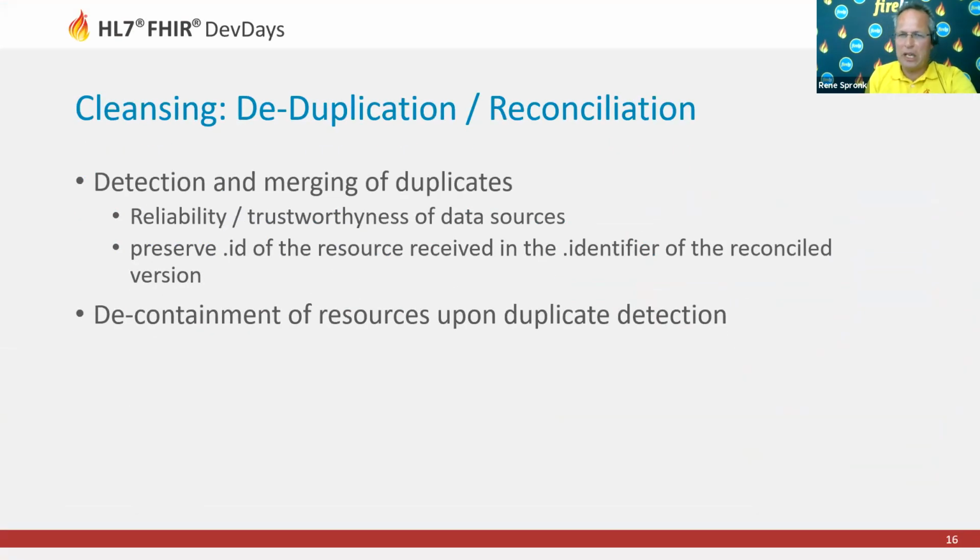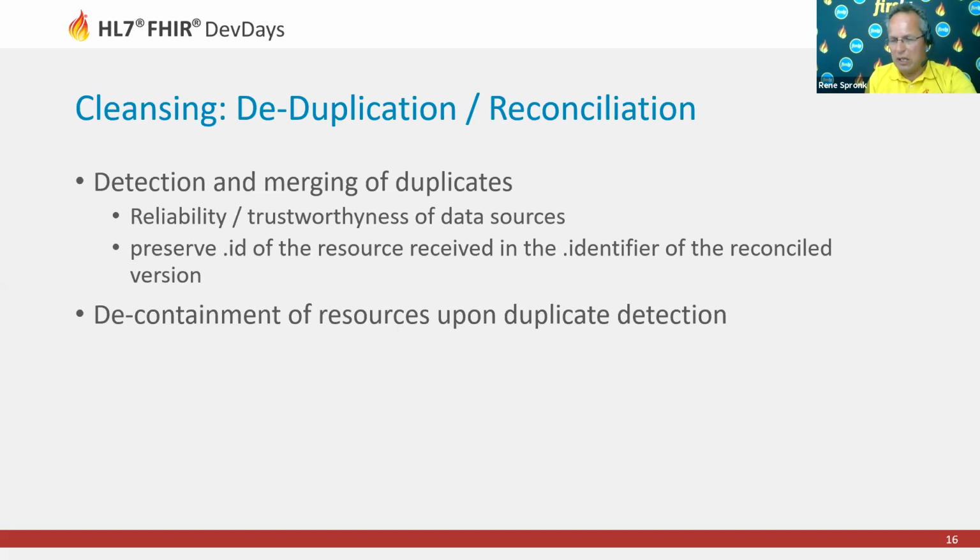Now we have deduplication and reconciliation. This is going to be one of the main things: patient duplicates, provider duplicates, organization duplicates. As you probably know, it's very easy in FHIR to create duplicates. So the avoidance of duplicates based on business identifiers in any FHIR implementation basically is a pain point, and it's something you have to be very aware of.